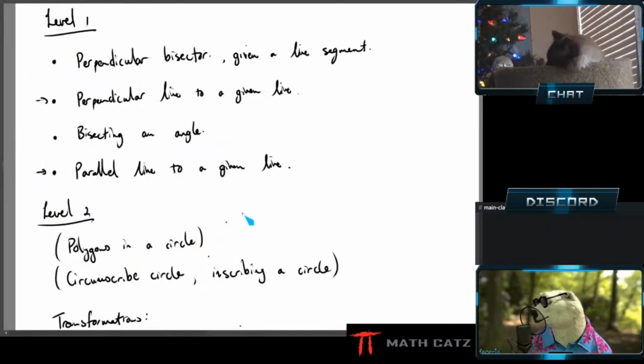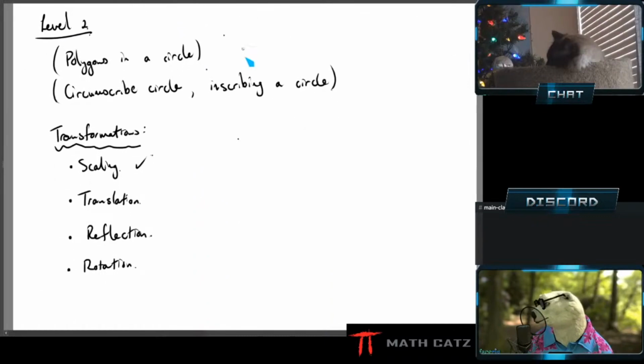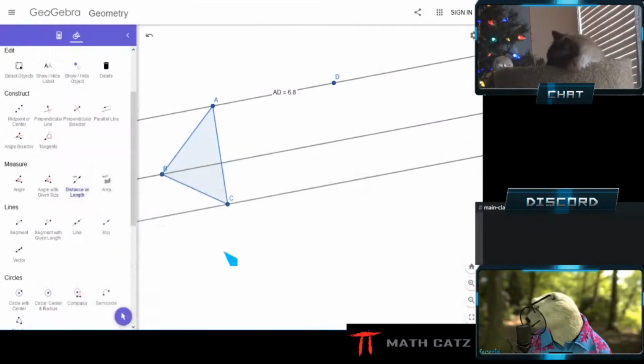Translation just means shifting it. The fancy word is translation. So this tells me I need to shift it 6.8 units. I'm then going to measure from B a distance 6.8 units.